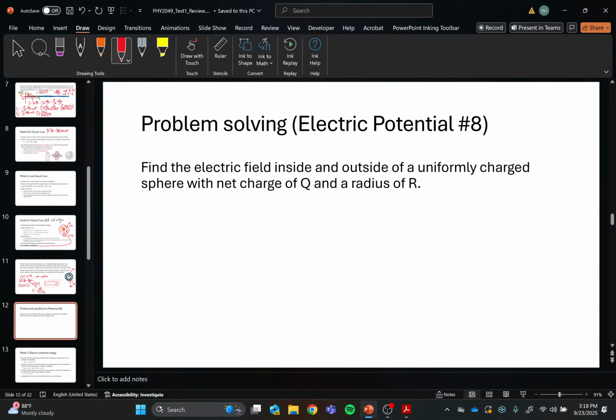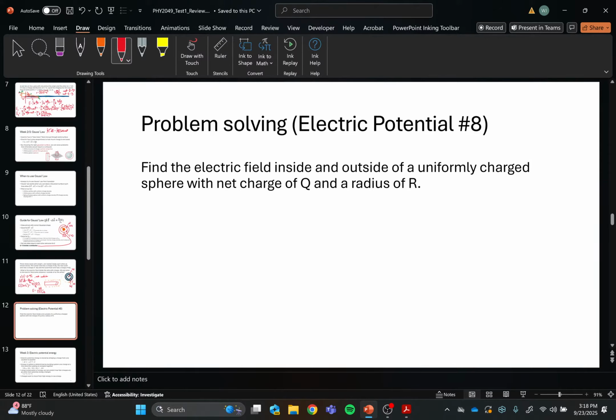Now when you're inside, we're going to pick some spot. Just pick a random spot you want to find the field for. Perfect. Draw a new Gaussian surface, the new dotted line. Awesome. Now we're going to do the same process.